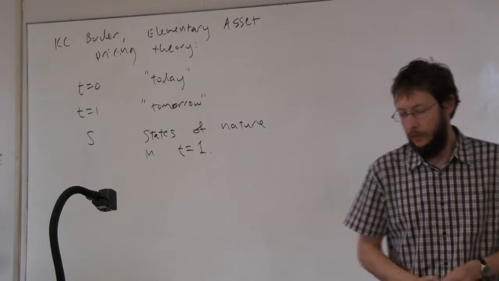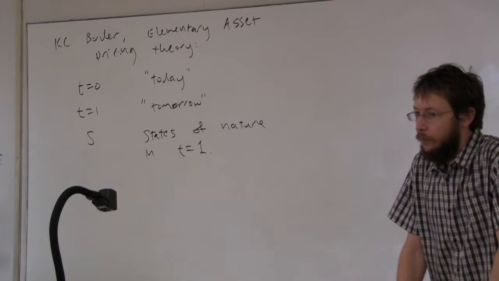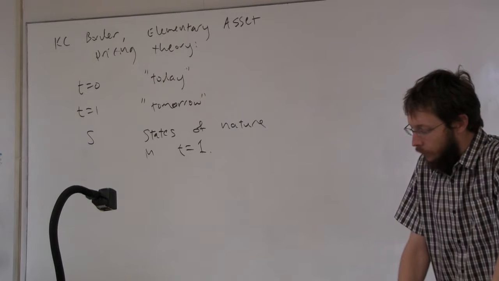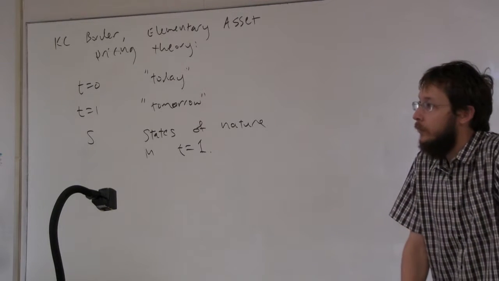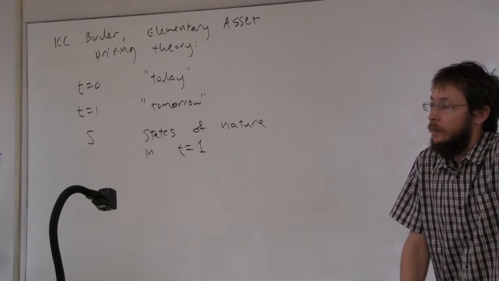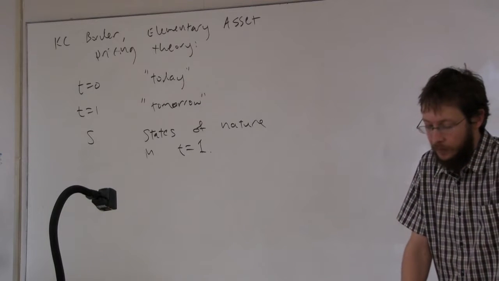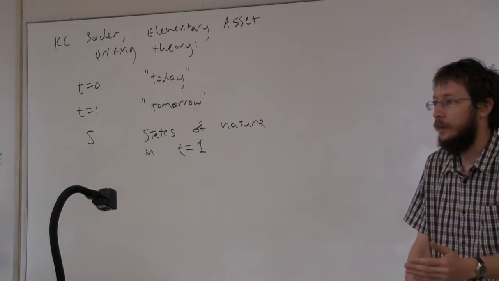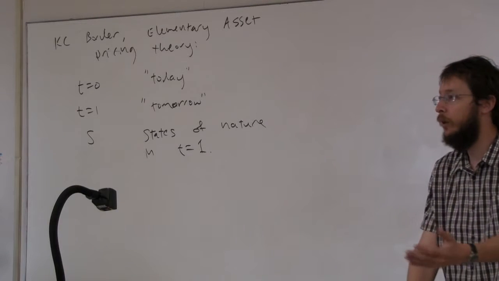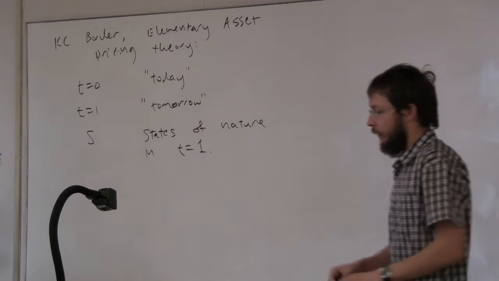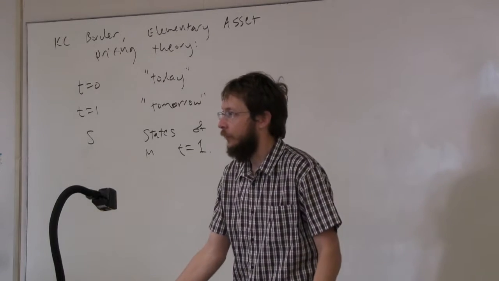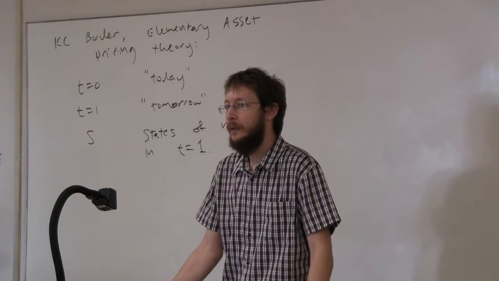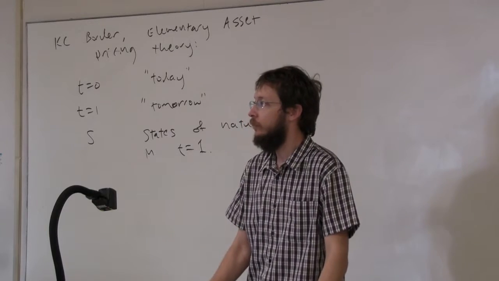Where, you know, if you trade oil, for example, one state of nature would be everything's running smoothly. Another state of nature says that a pipeline in Nigeria has been bombed. Another says that there's been progress on the Keystone XL pipeline. So you've got all kinds of different states of nature that can occur.